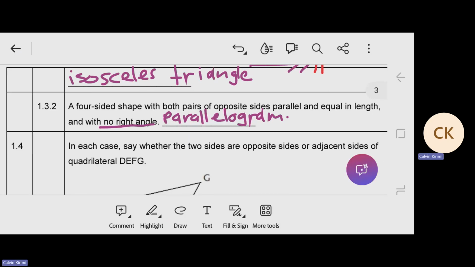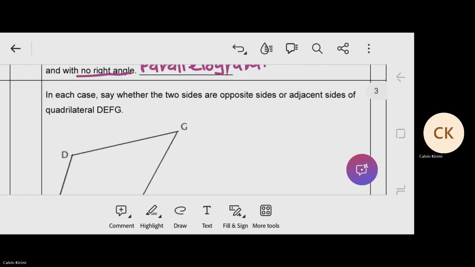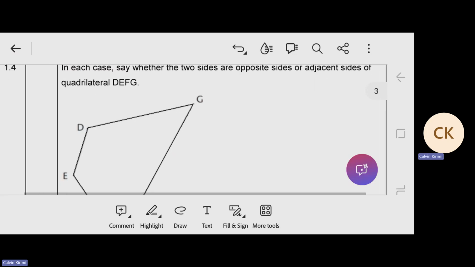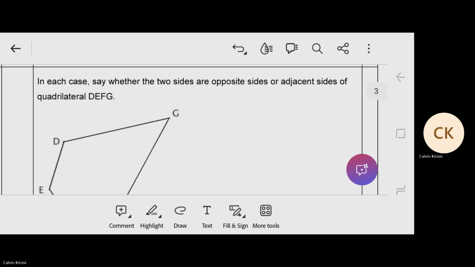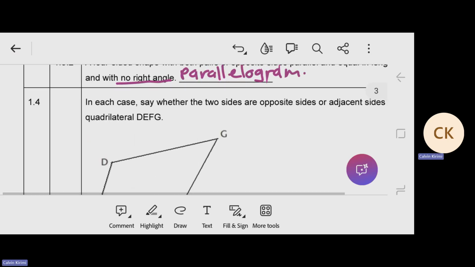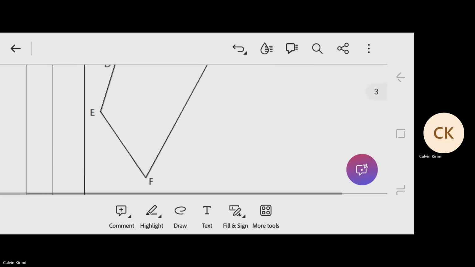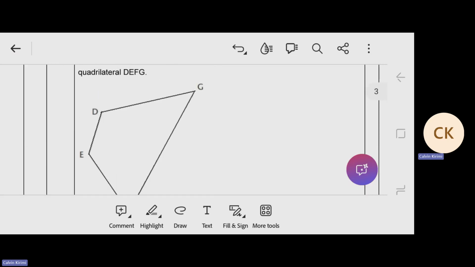Then we go to the next one, whereby we are given a case, say whether the two sides are opposite or adjacent sides of the quadrilateral. Sides are said to be adjacent if they share a common vertex. So we are supposed to state whether it's adjacent or opposite. Let's go to the diagram. We check GD and DE.